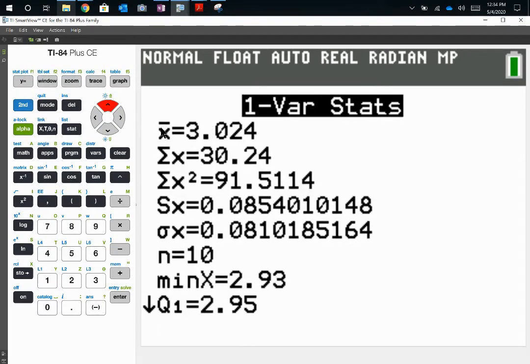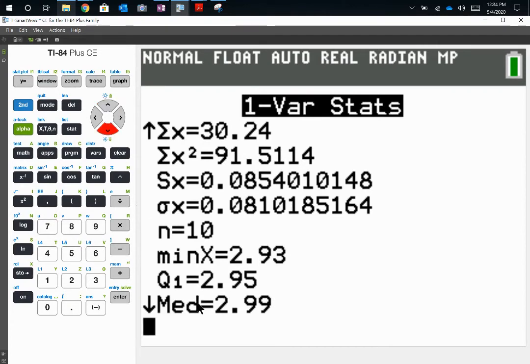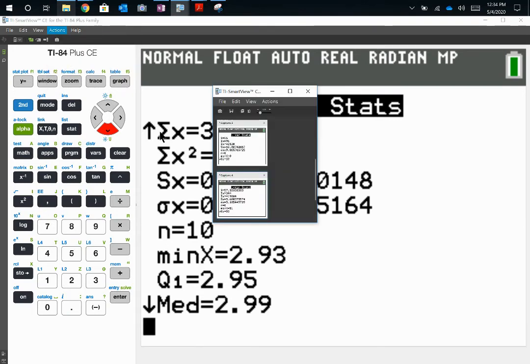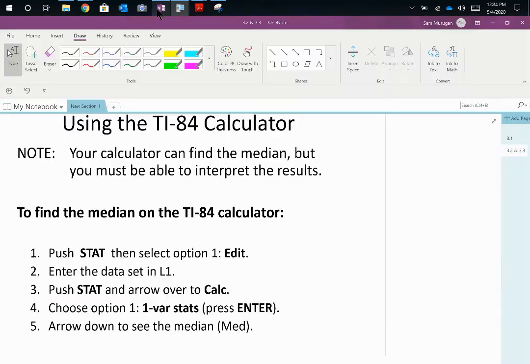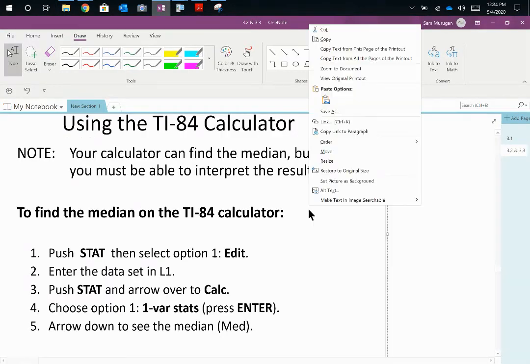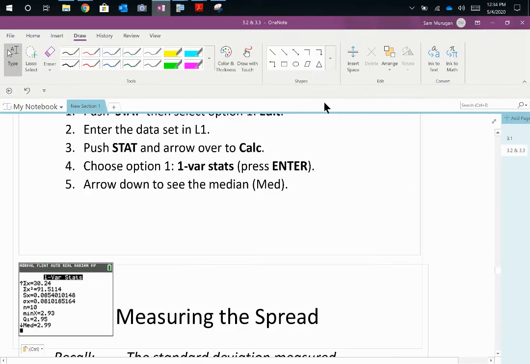Remember, the mean value was 3.04, but if you scroll down to MED, you get the median value of the data. Okay, so capture this screen, put it into the notes for us, just in case you want to go back and look at it again.